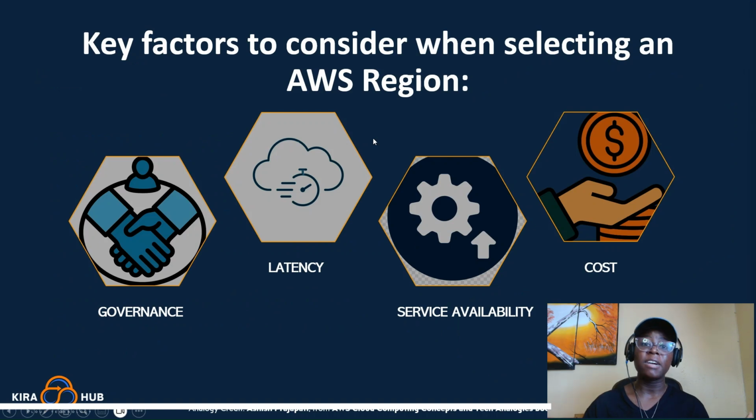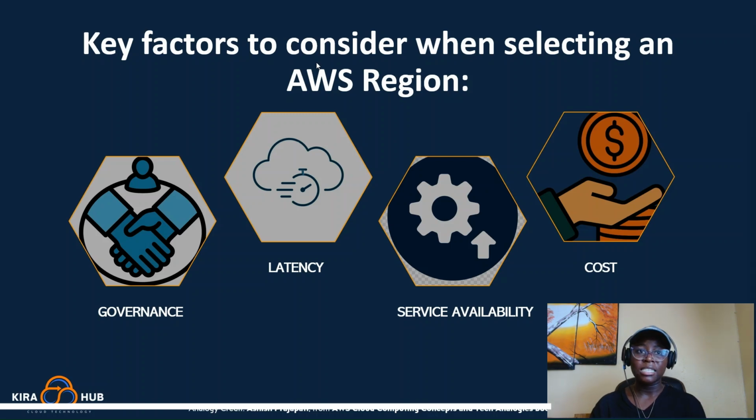What are some of the key factors to consider when selecting an AWS region? We have governance and compliance, and this has to do with legal requirements. If you have any legal requirements based on data governance, based on privacy laws, for example, data cannot leave this specific region, then you'll have to select the right region based on that compliance requirement.